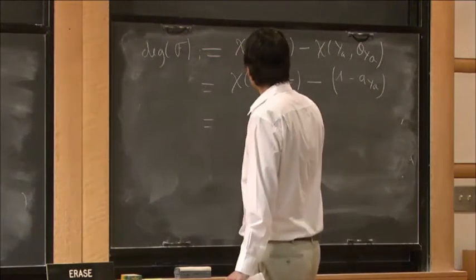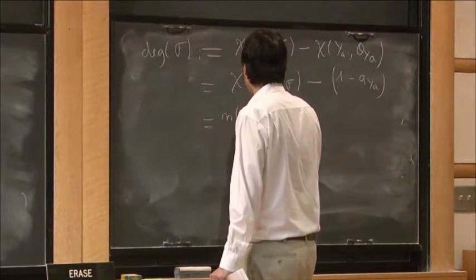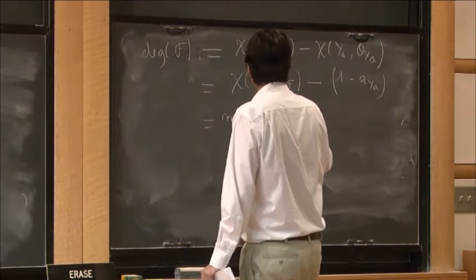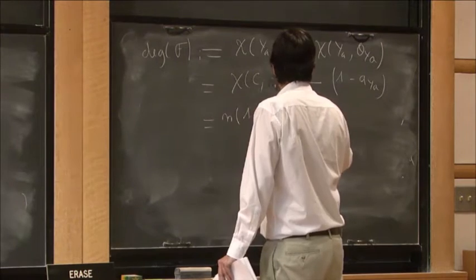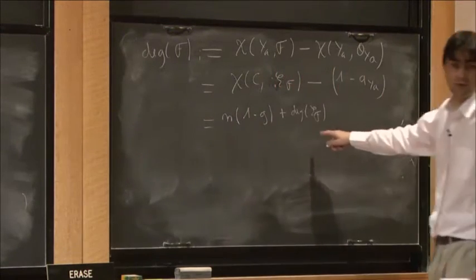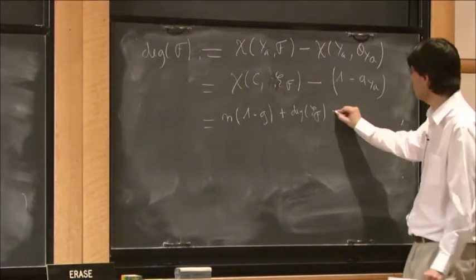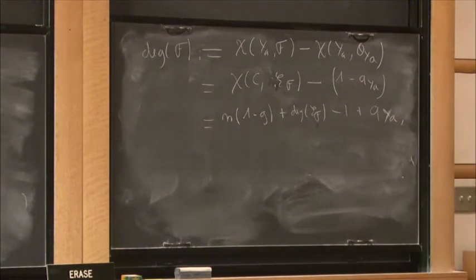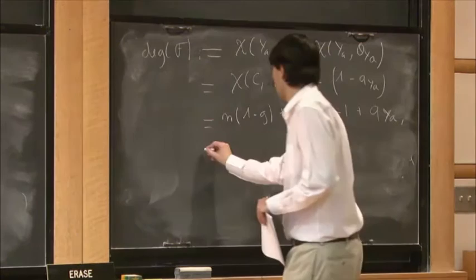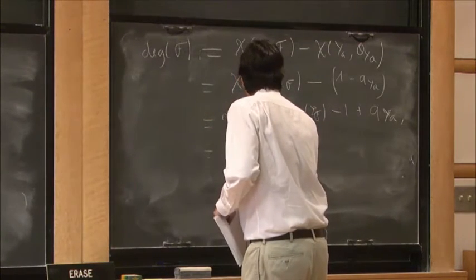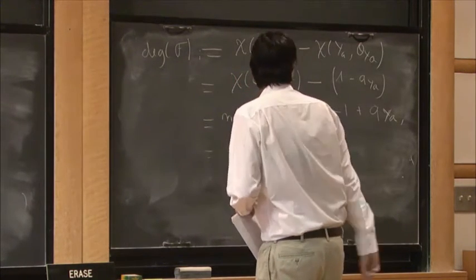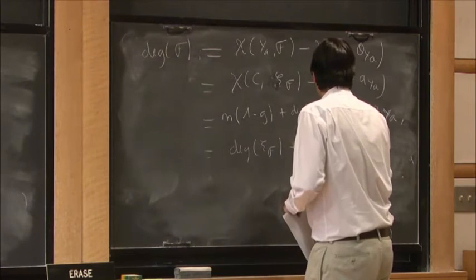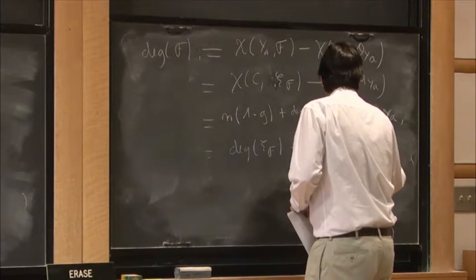And by Riemann-Roch, this is of rank n, so this is n times 1 minus g plus the degree of the vector bundle E_F on C minus 1 plus g of Y_A. And this gives you the degree of E_F plus n(n minus 1)/2 times d.